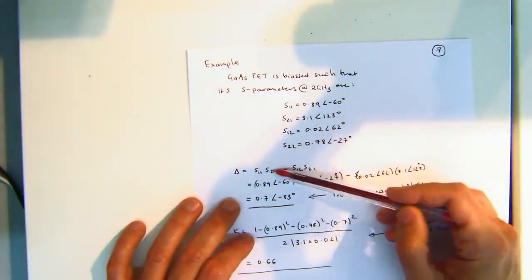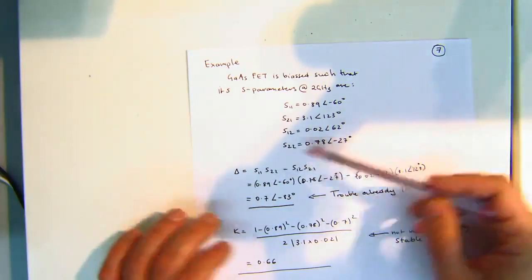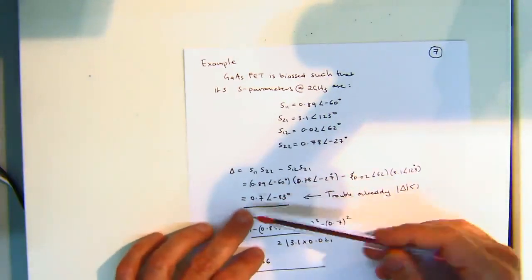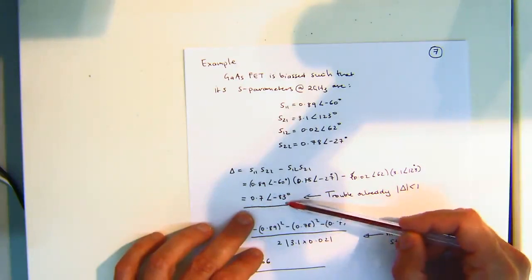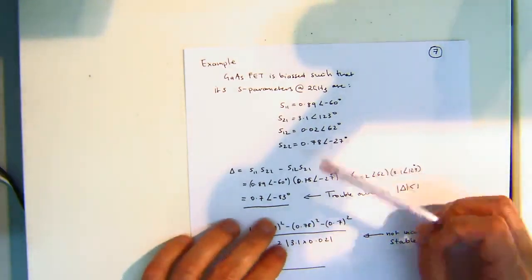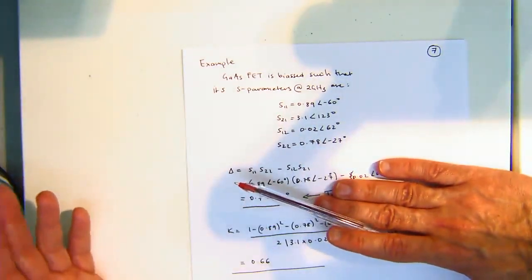That's S11 multiplied by S22 minus S12 S21, and we'll just have to do some algebra. When we complete the algebra, we find that this delta is 0.7 angle 83 degrees. What's the magnitude of this? The magnitude is 0.7.